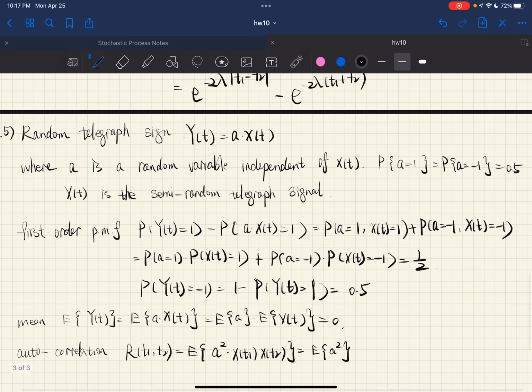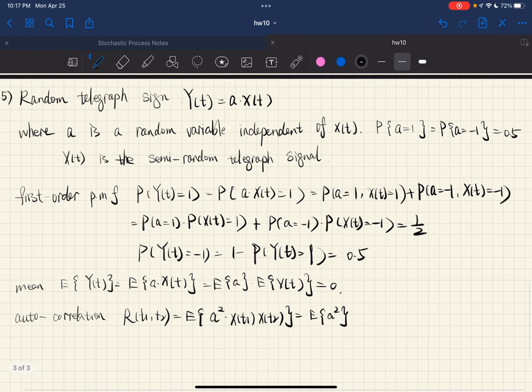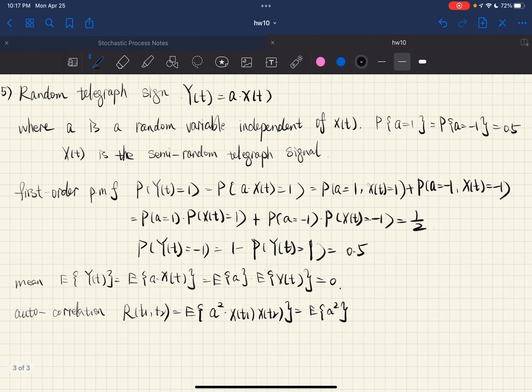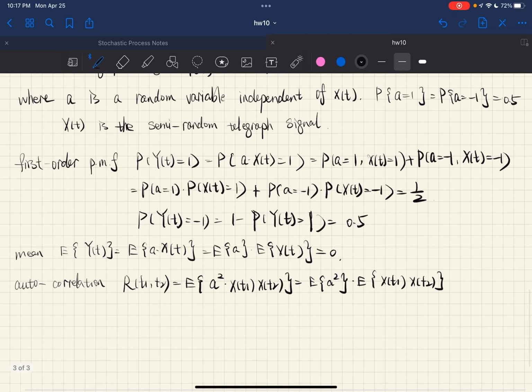Since a is a random variable, the expectation value of a to the power of 2 equals 1. So it equals e to the power of minus 2 lambda times the absolute value of t1 minus t2.